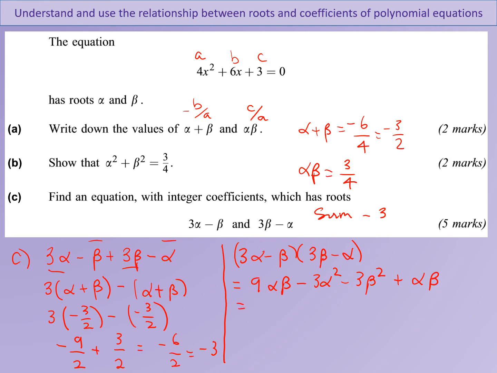And so gathering together, we have 10 alpha beta minus 3 lots of alpha squared plus beta squared, and we can substitute in the values that we know.